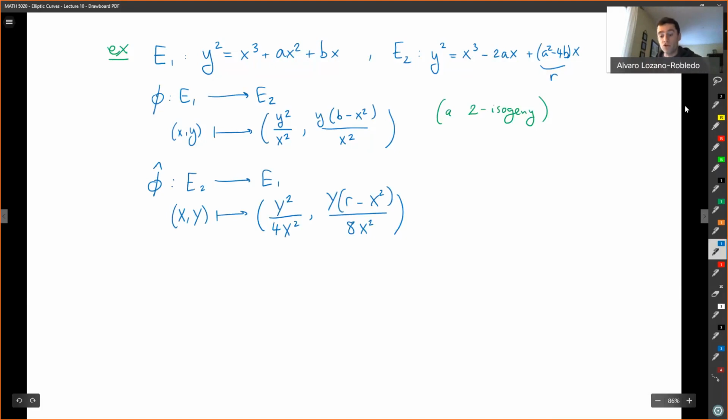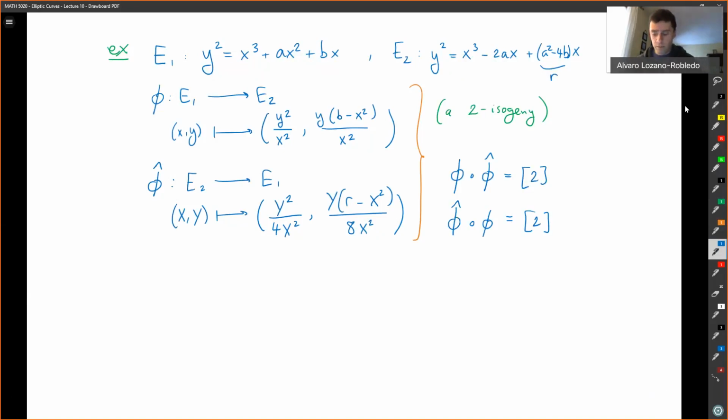And it turns out that an interesting property these two maps have is that if you compose them, or compose them in the other way, in both ways you get the multiplication by 2 map.